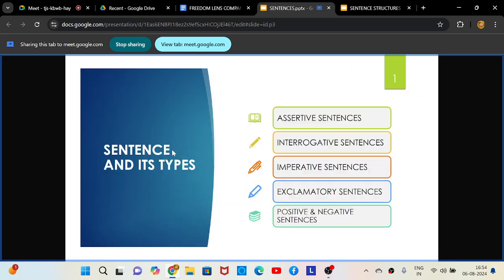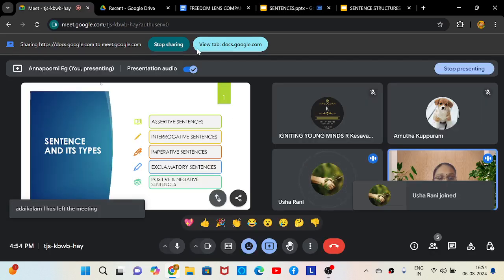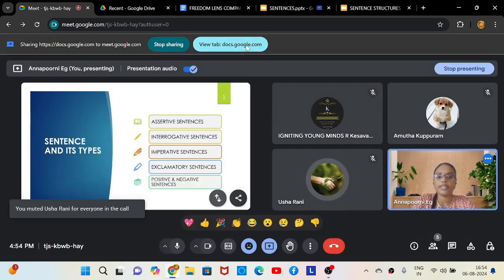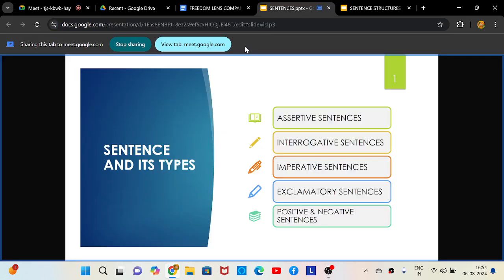Okay, now we are moving to the types of sentences. Basically, sentences are of five types. Let's check what those five types are. The five types of sentences are assertive sentences, you can just write it down, interrogative sentences, imperative sentences, exclamatory sentences, and positive and negative sentences.